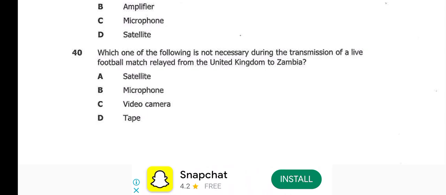We can use a satellite, we can use a microphone, we can use a video camera. They have to be capturing. So what they're asking is not necessary. A tape is not necessary. A tape can be used for recording, but we are talking of a live football match. We can use a tape for a recorded broadcast.